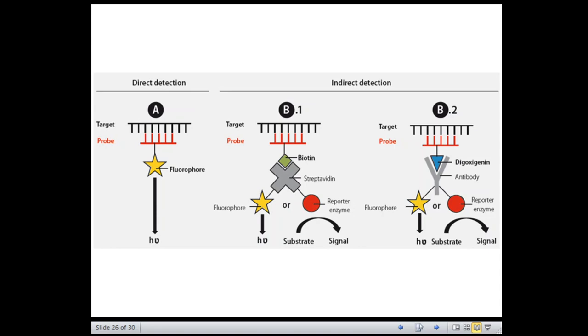This is usually used to convert a colorless substrate into a colored insoluble compound, and it also offers a means of signal amplification, right? And alternative methods to detect the labels such as digoxigenin incorporated into DNA sequences may be by the use of MABs, that is monoclonal antibodies.